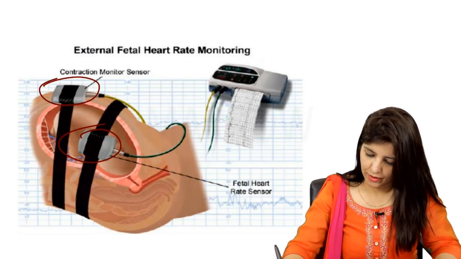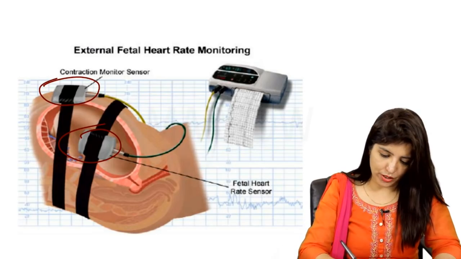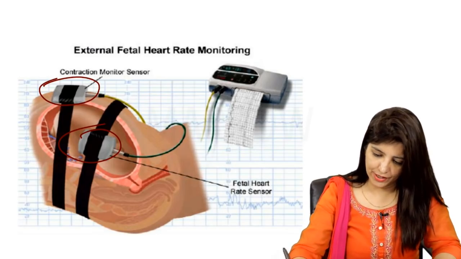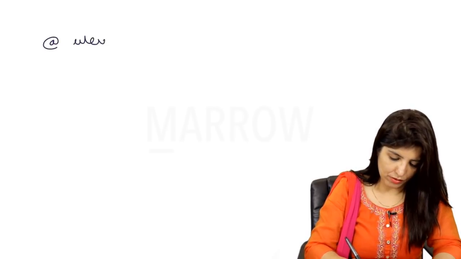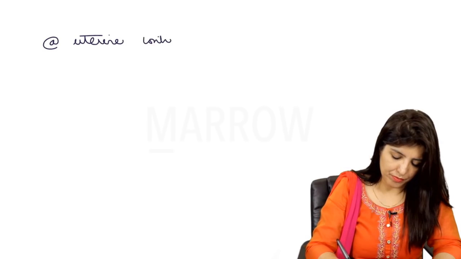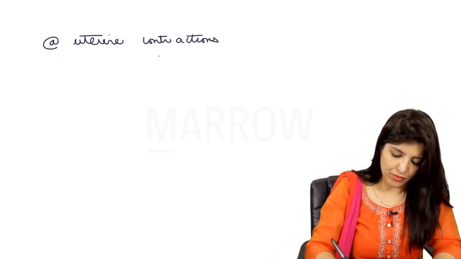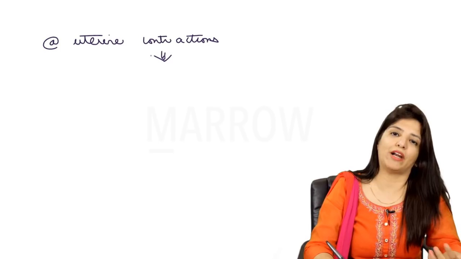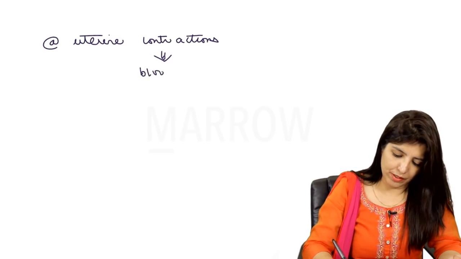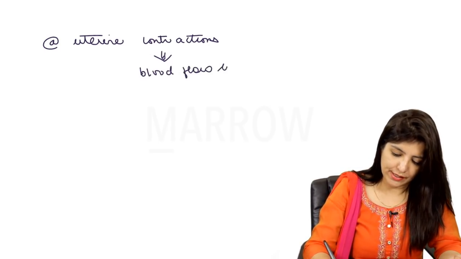Now, one very important thing which you have to understand is that at the time of contractions, what happens to the blood flow to the fetus? The blood flow to the fetus decreases.